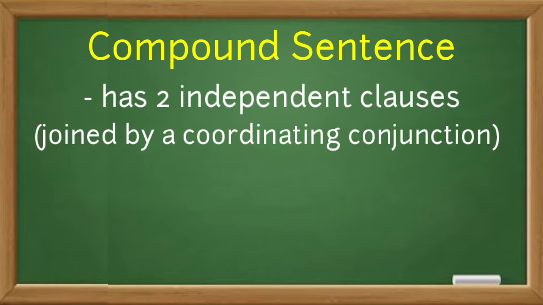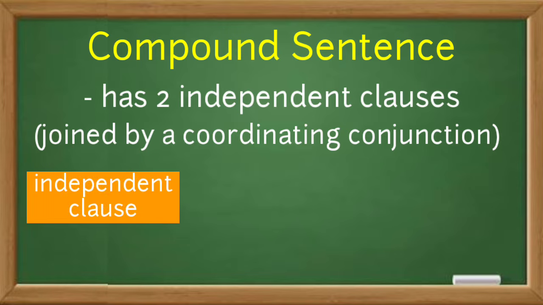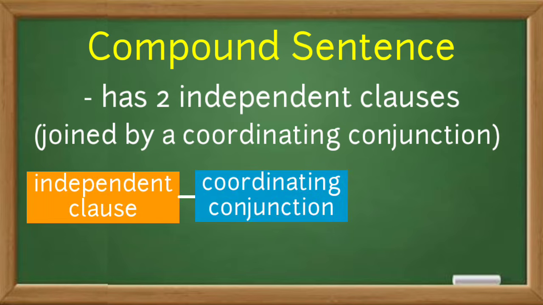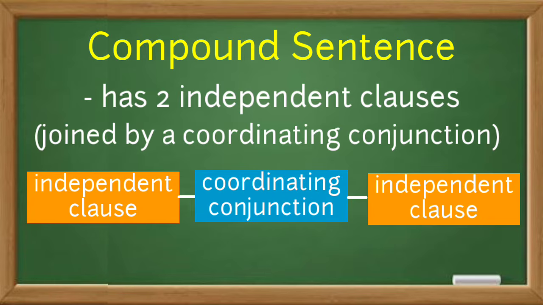So, it is how it looks like. The first independent clause, then the coordinating conjunction, then the second independent clause. Okay? And what are the examples of these coordinating conjunctions? These are the fanboys.